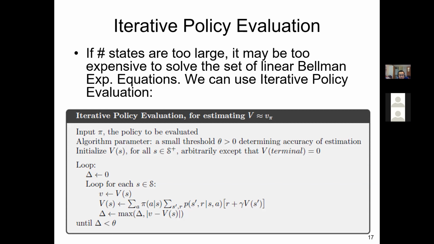So you set up initial values and iterate the Bellman equation, just recursion, and then keep track of the largest difference between the old V(s) and the new V(s), and if it's less than the threshold, you view it as having converged, and then you stop.